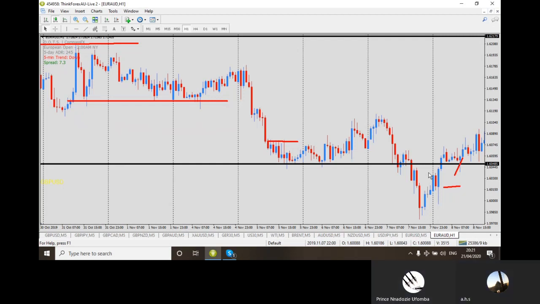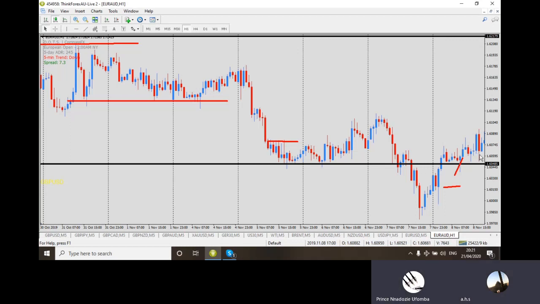A strong bias coming in. Why? How? You can see the bull candle, consistent bull candle, 1, 2, 3. Whenever I see such, it's a strong movement up or a strong movement down when you see three consecutive candles.